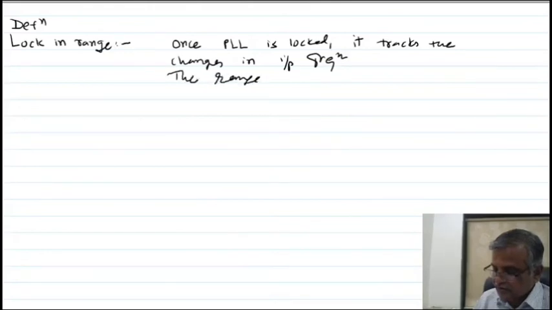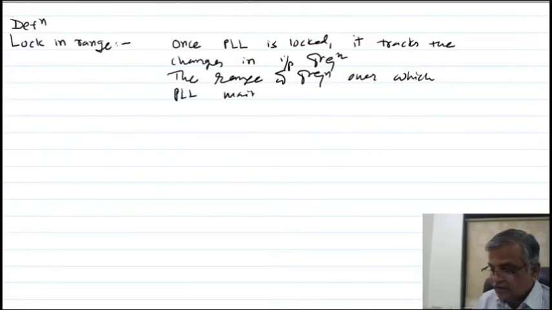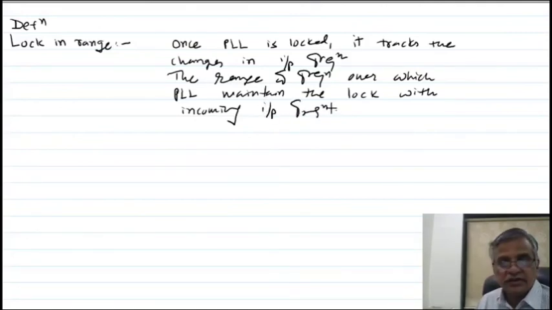The range of frequency over which the PLL can maintain the lock with the incoming input frequency signal is called the locking range.